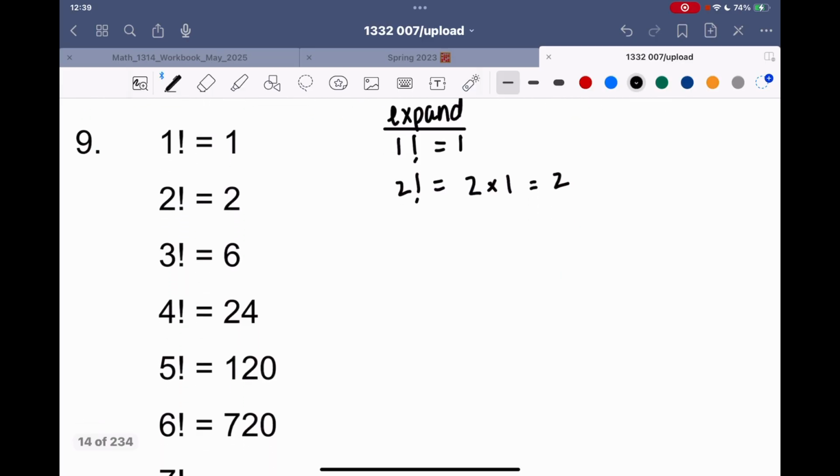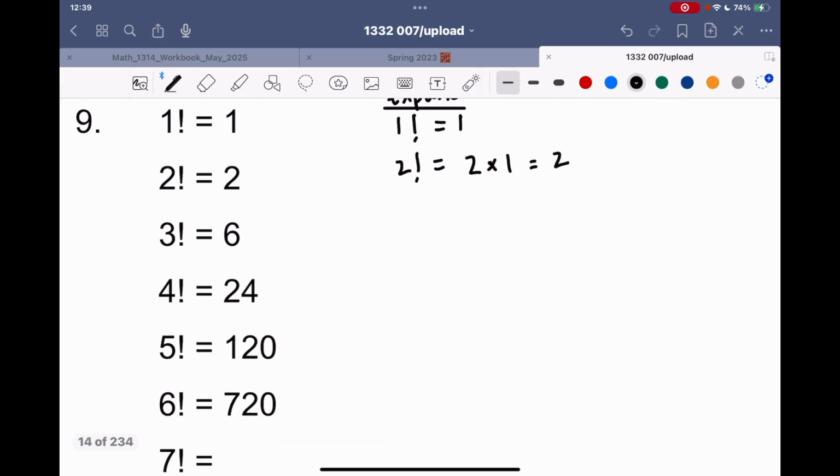Let's pick something larger, all the way down to 5. 5 factorial is equal to 5 times 4 times 3 times 2 times 1, which is going to be equal to 120.